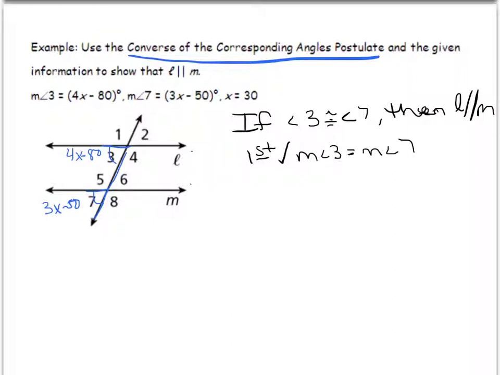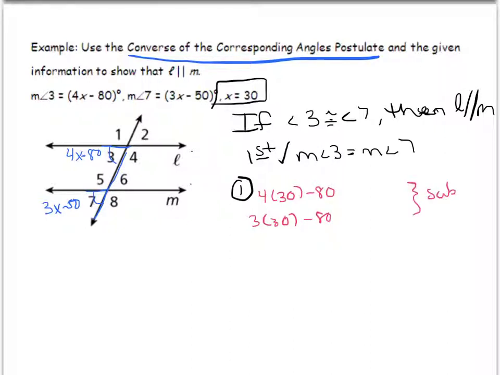So step number 1, to see if they're equal, let's plug this in. I'm going to take 4 times 30 minus 80, and then 3 times 30 minus 50. Remember you guys, this is the substitution property.